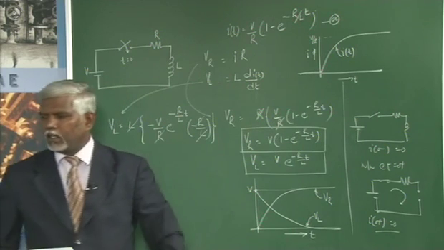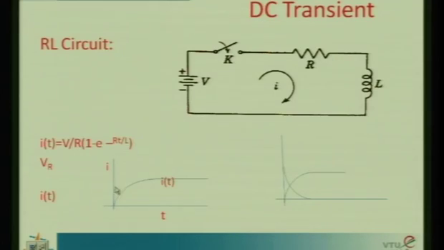The current varies exponentially, the voltage across your resistor and the voltage across your inductor are as shown. This is the voltage across your resistor VR, this will be the voltage across your inductor VL.